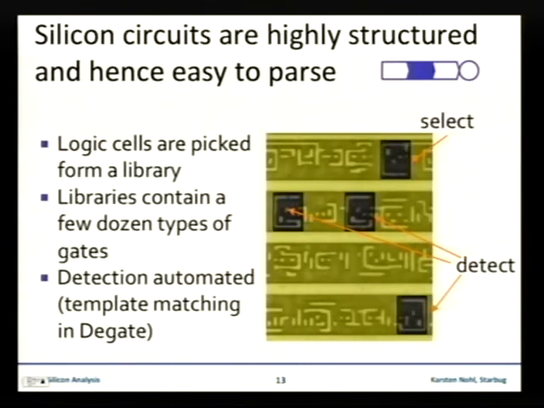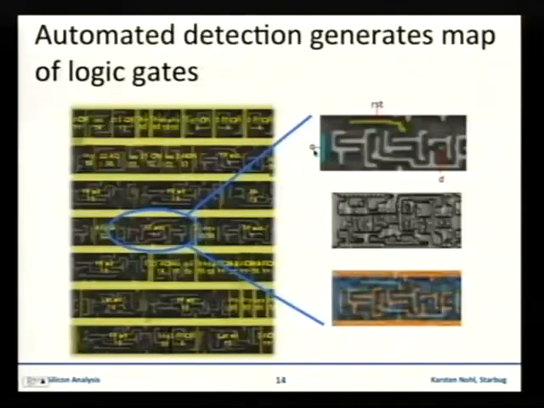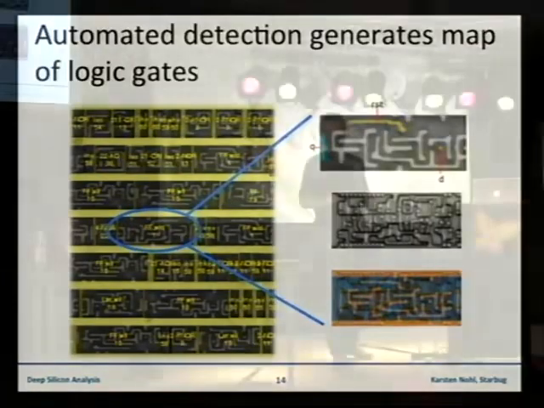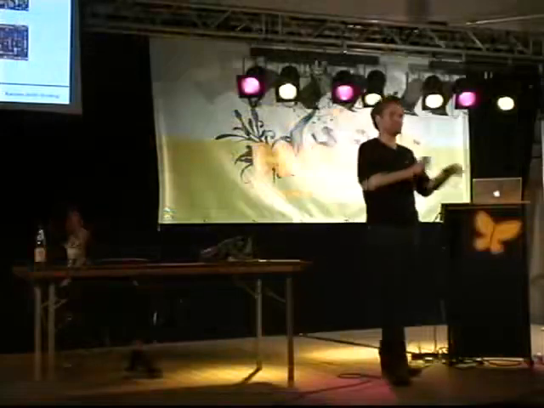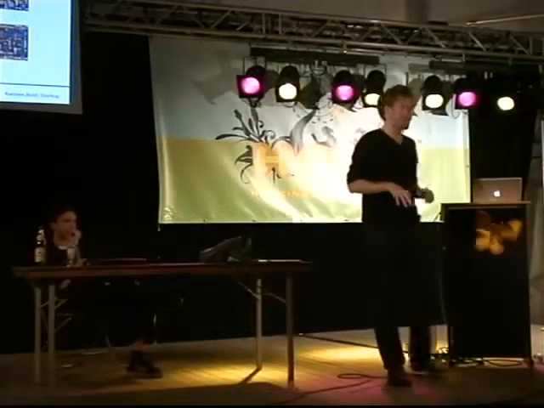And it will find all of these. We do that for every single logic function, and we get a map of where on the chip the logic functions are, right? So that doesn't yet tell us what these logic functions are, but at least we know the families and where they're spread out.